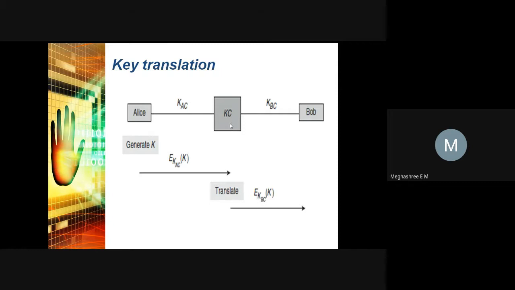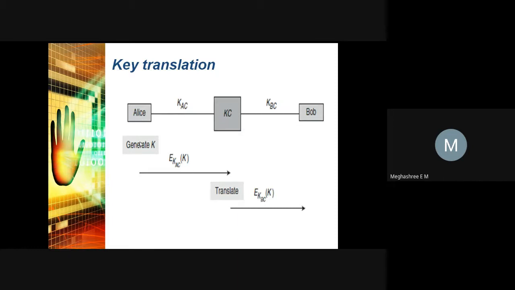In the next step, the KC, that is the key center, decrypts the encrypted K using KAC, then re-encrypts it using KBC and sends it to Bob. So this is how the keys are shared between KC and the parties involved in the communication.